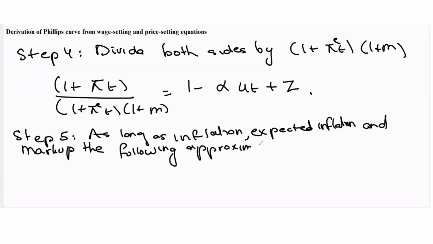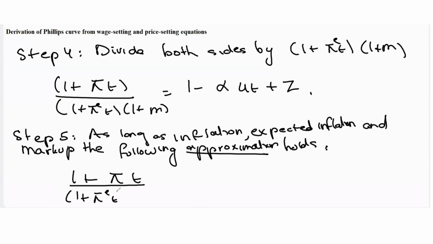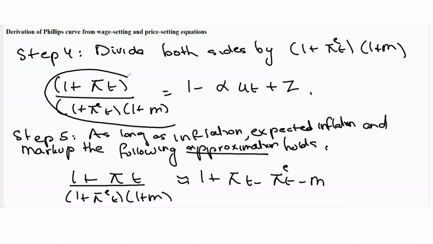We can approximate 1 plus π_t by 1 plus π^e_t times 1 plus m, for small values of π_t, π^e_t and m, as 1 plus π_t minus π^e_t minus m. So we can approximate this with this.